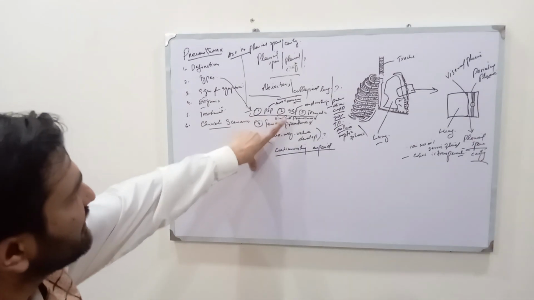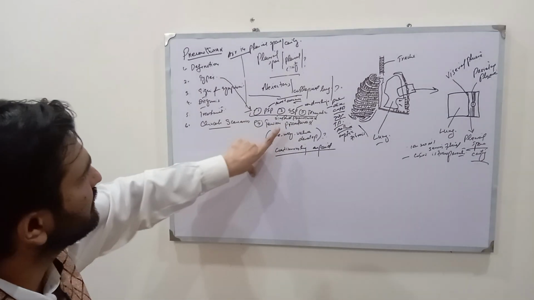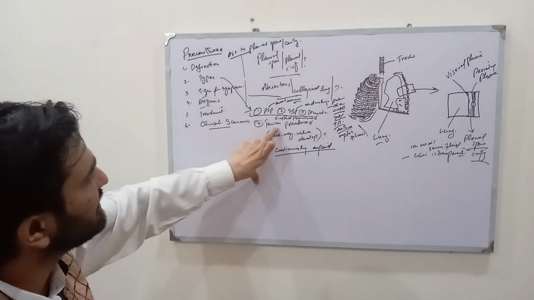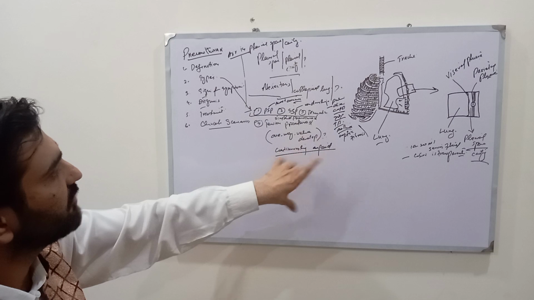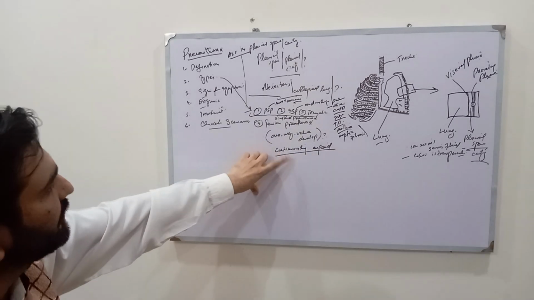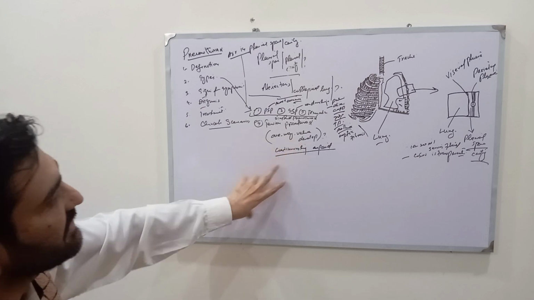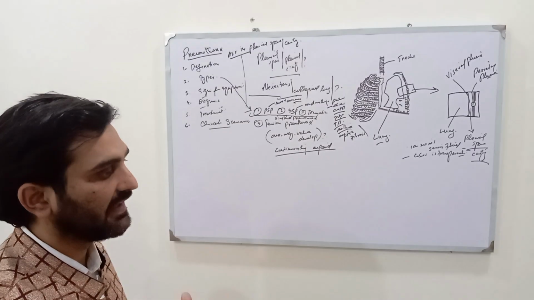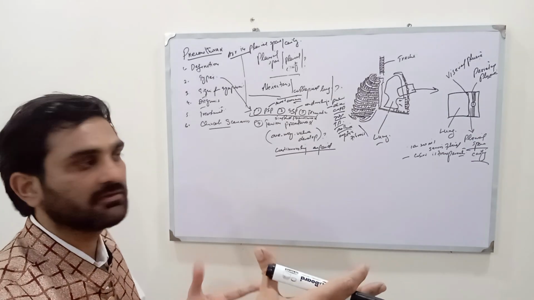What is the difference between simple pneumothorax and tension pneumothorax? In tension pneumothorax, the area involved continuously expands due to this one-way valve mechanism. Air enters the pleural space but cannot go out.